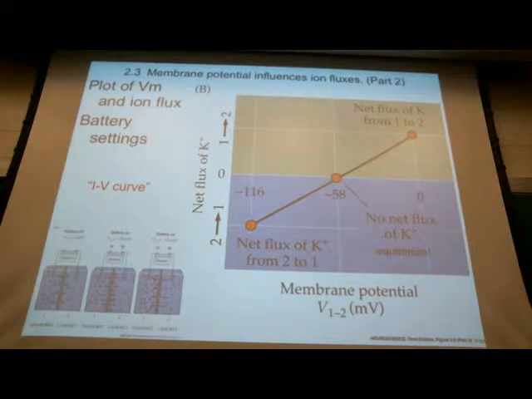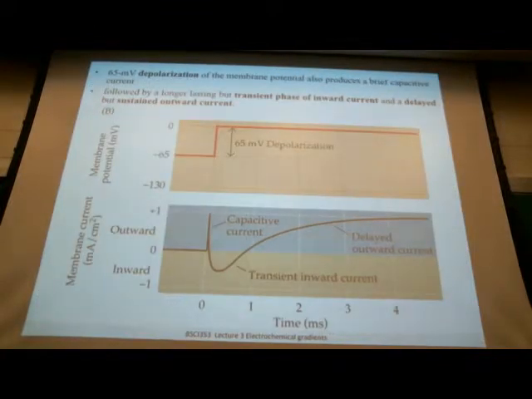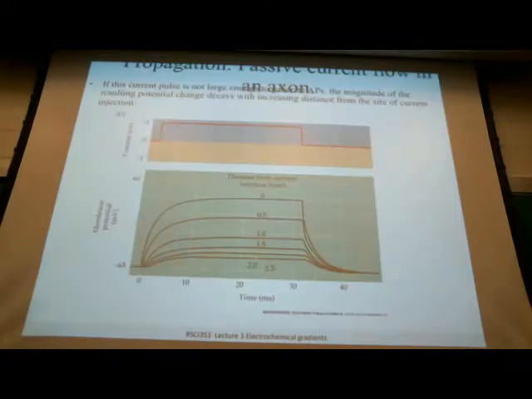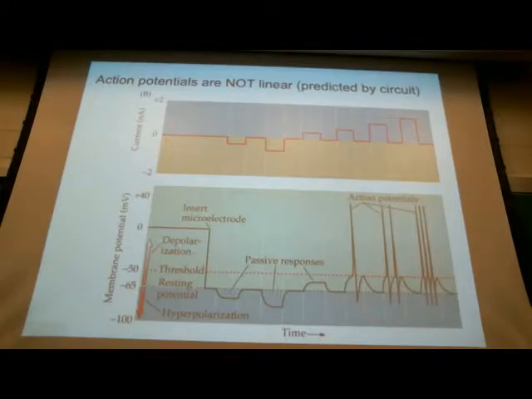Yes? In the previous slide, when I was saying something about action potentials not being linear, what does it mean by linear? Maybe this is the slide before this. Oh, here. Yeah, so the idea here is that you can directly predict the membrane potential from the injected current, but once you reach a certain threshold, those voltage-gated channels start to take over.